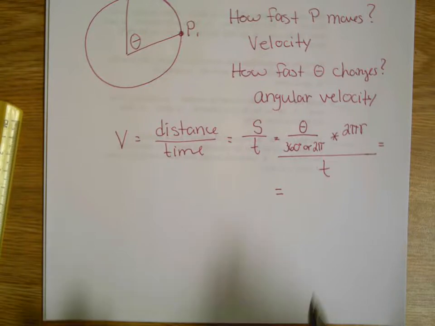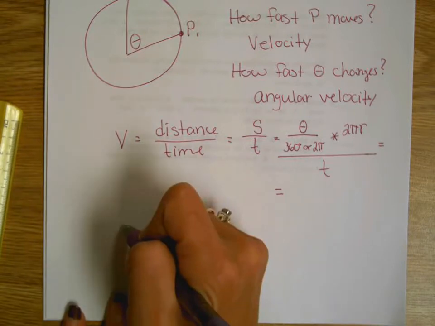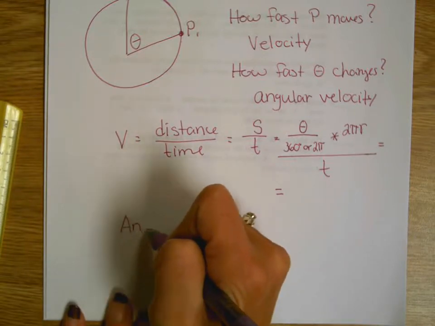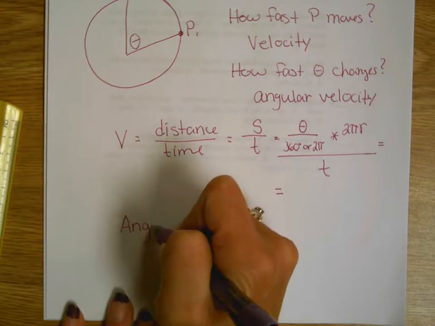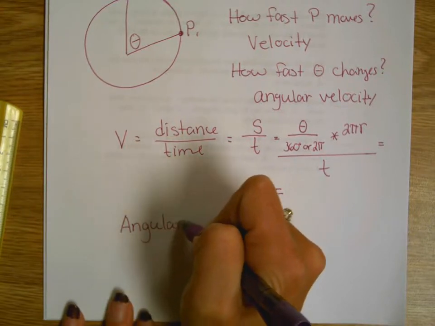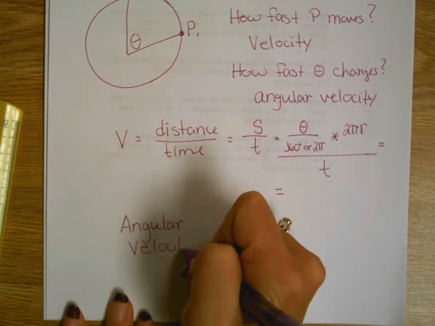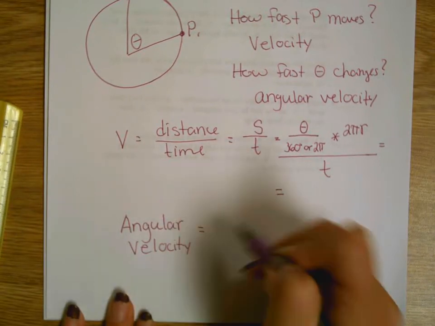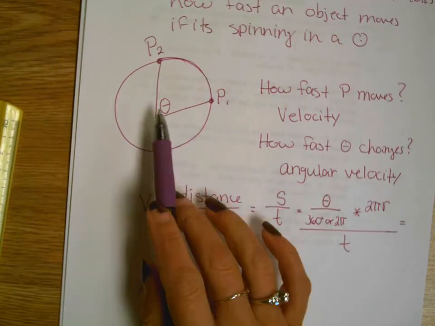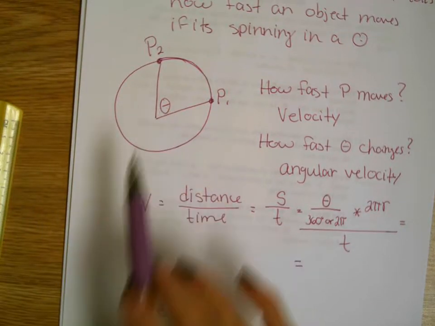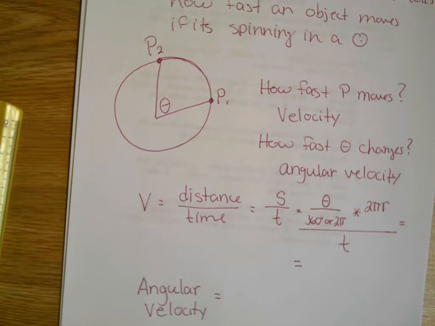Okay, angular velocity. So if we talk about how fast the angle is changing, what kind of units could we have on angular velocity? Just a general sample of what angular velocity could be in terms of units.